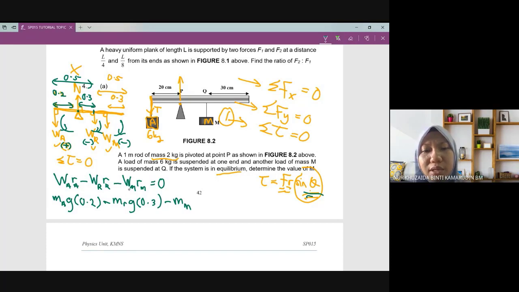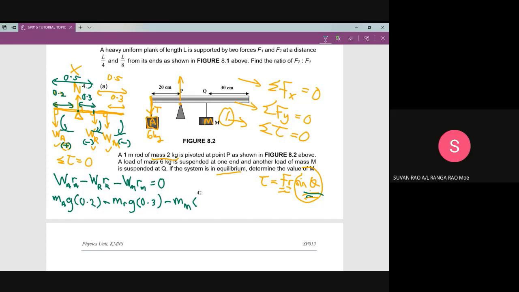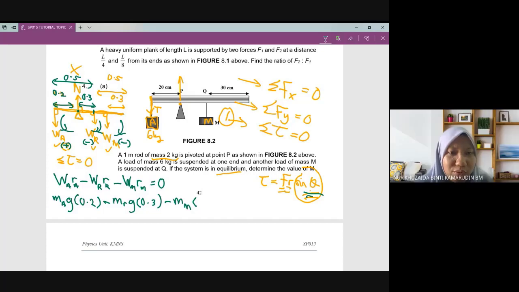Okay, RM sama dengan berapa? 0.2. Okay, yang mana M? This is the position of weight M. So what is the distance between a pivoted point to the weight of the M tadi? 0.5.